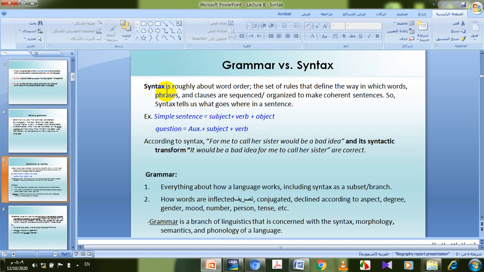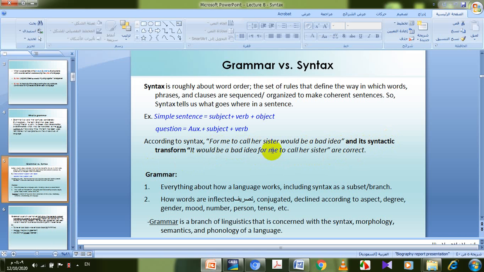So this is syntax. According to syntax, "For me to call her sister would be a bad idea." This is a sentence. And its syntactic transform, "It would be a bad idea for me to call her sister," are correct.